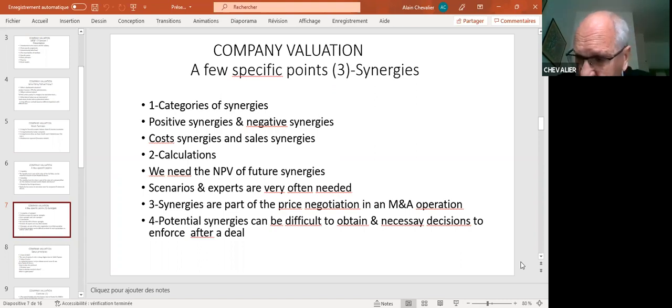But in some cases, you find negative synergies. You hear, 20 years after, part of the teams of a bank or a car producer, I've got some examples of that, saying, I'm working for a company called AB, but I'm coming from company A, or I'm coming from company B. The merger has never been a success.